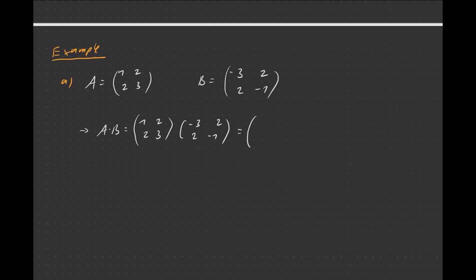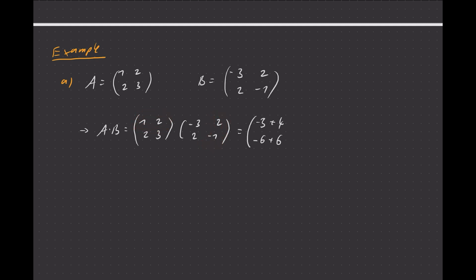So what do we get here? We'll start with the first row here and the first column here. And we get minus 3 plus 4. Then let's do the second row and the first column. And we get minus 6 plus 6. Then here's first row, second column.